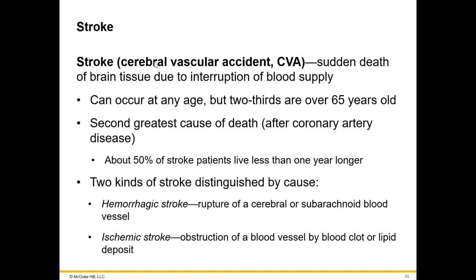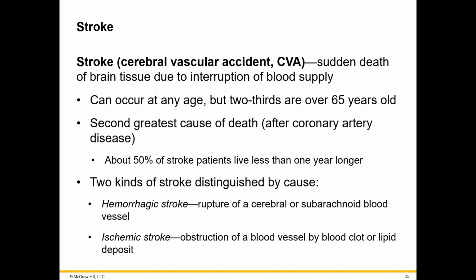We said we have to have a very good concept of what a stroke is. Stroke is a cerebrovascular accident. It represents sudden death of the brain tissue due to interruption of blood supply.